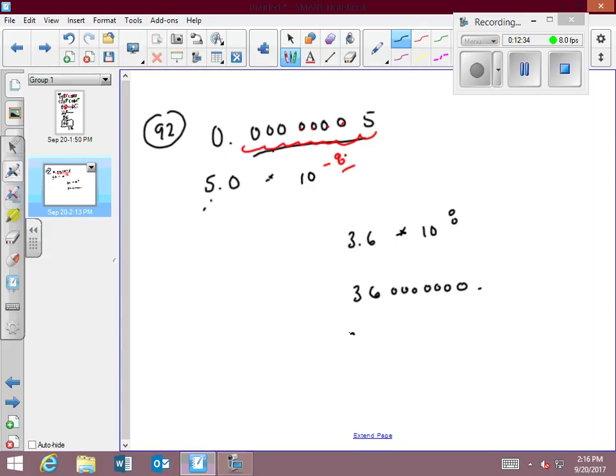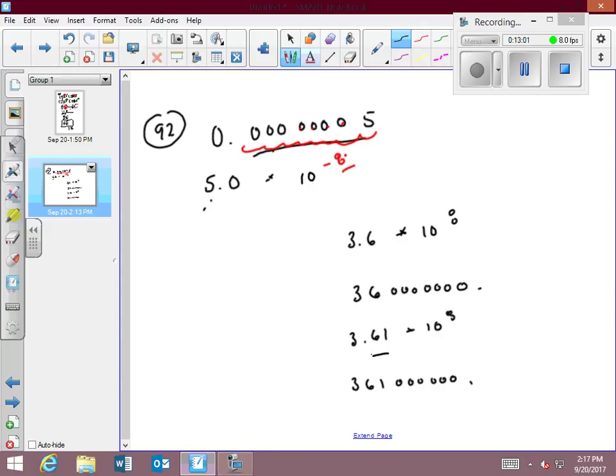But if you had 3.61 times 10 to the 8th, then that would be 361, but rather than 7 zeros, you would have 6 to get to the right decimal place.